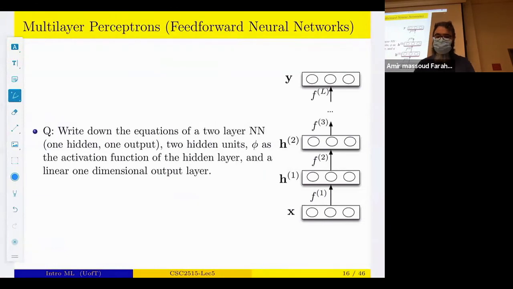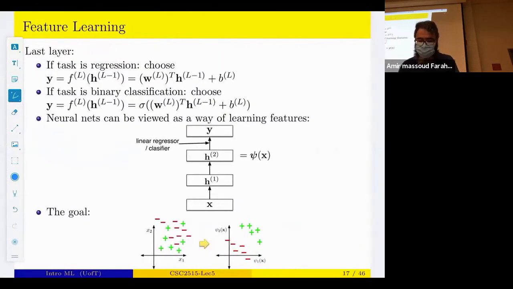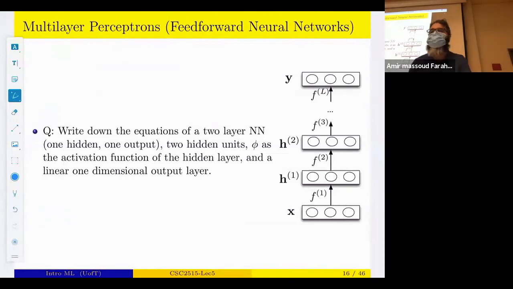Okay, so this is a kind of exercise. Maybe you think about this; maybe we can't do it now. Just write down the equations of a two-layer neural network, one hidden layer and one output layer, with two hidden units, phi as a general activation function, and a linear one-dimensional output.